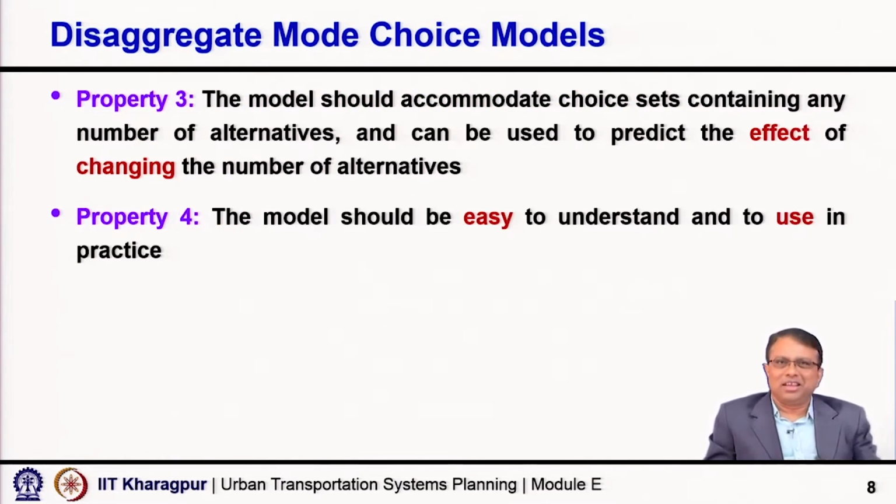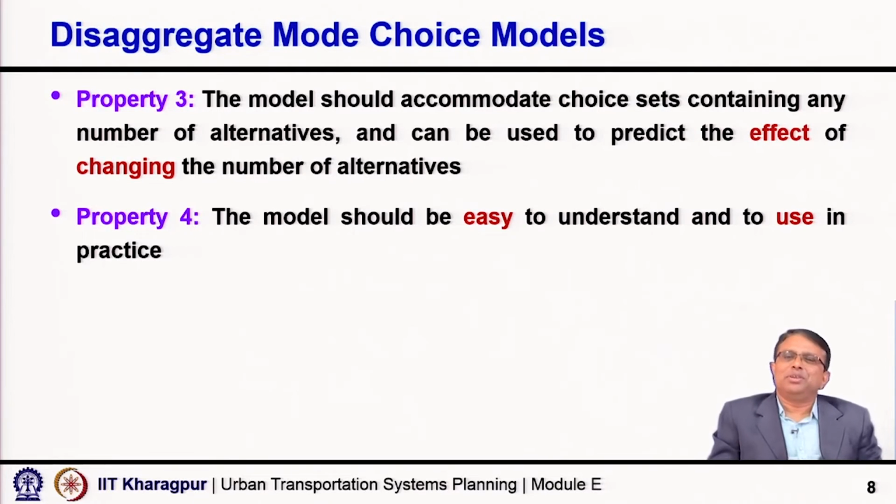Third, the model should accommodate choice sets containing any number of alternatives. My model should be able to handle 2 alternatives, 3 alternatives, 4 alternatives, any number of alternatives, and also be used to predict the effect of changing the number of alternatives. Fourth, the model should be easy to understand and use in practice.